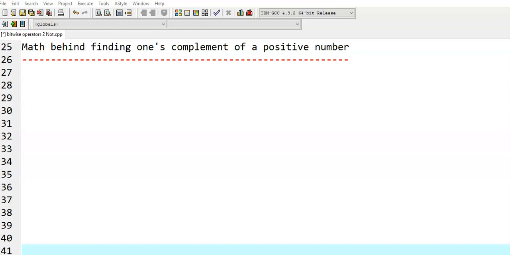First of all, any number, whether it is a positive or a negative number, I am talking about signed integer values, is represented in the computer system in two parts.